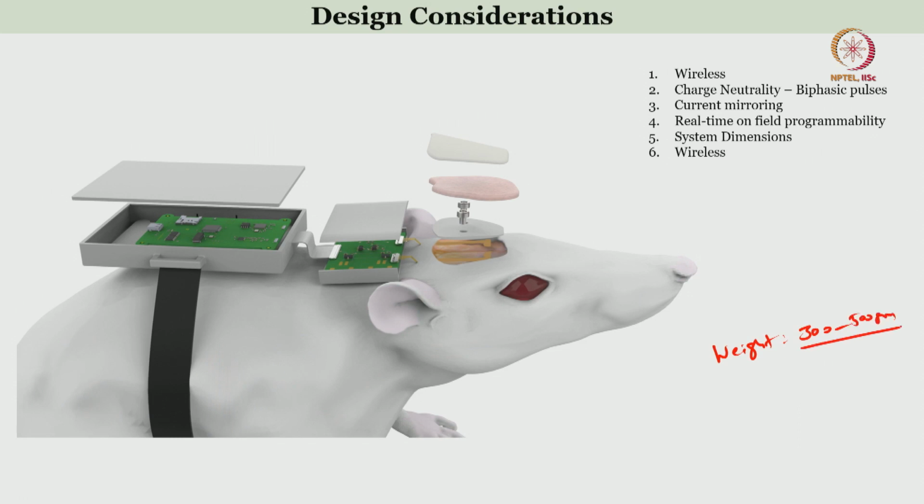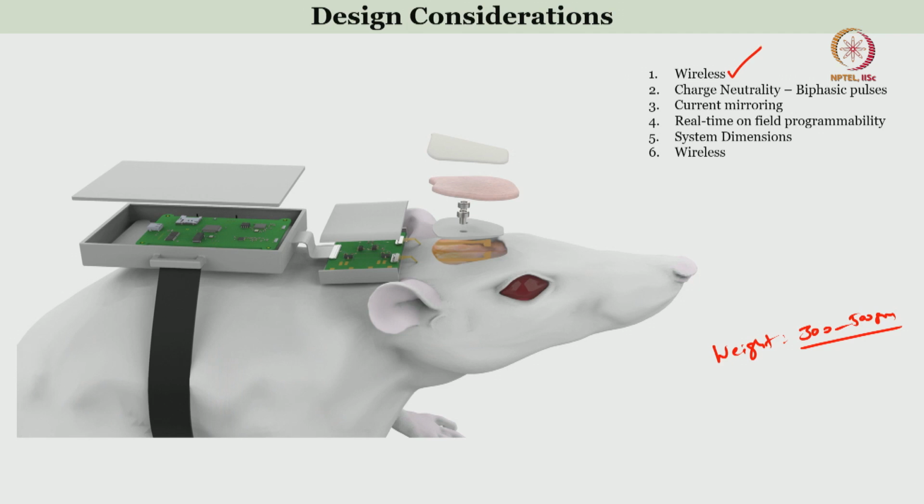Now, one way is you can have a bigger electronic system and have a wire, but a wired system is going to harm the natural movement. So typically what is required is a wireless system, so that it does not harm the animal's movement, with no wire hanging from the electronic system.